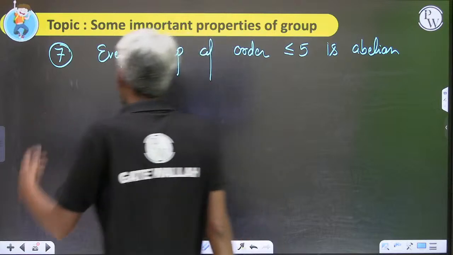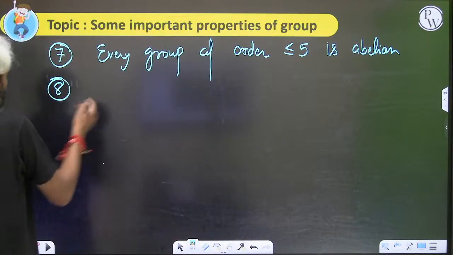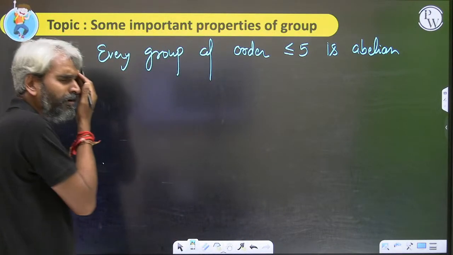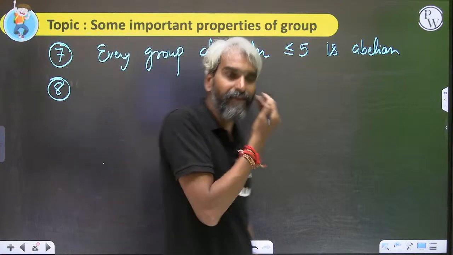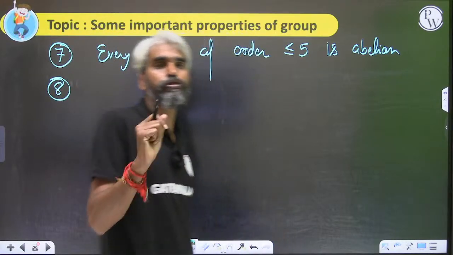Okay, now last point. Now if you have a cyclic group, then its subgroup will also be a cyclic group.